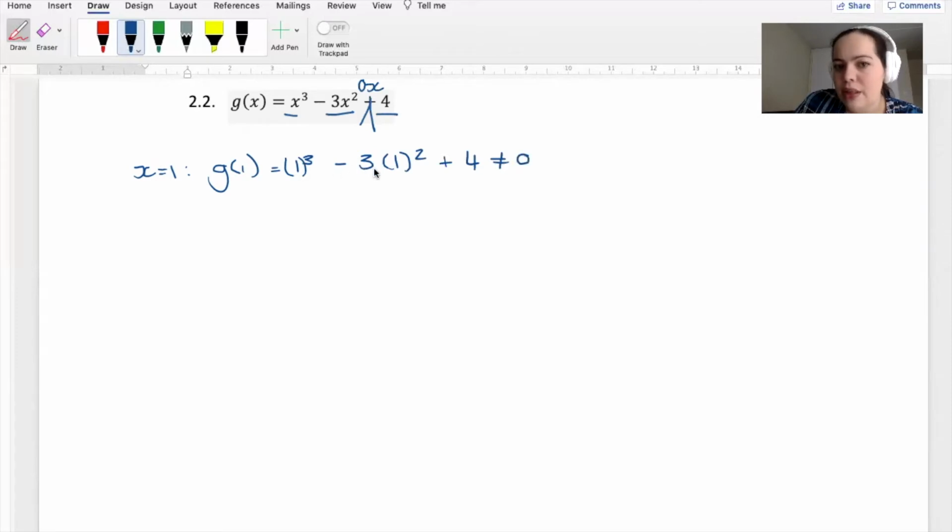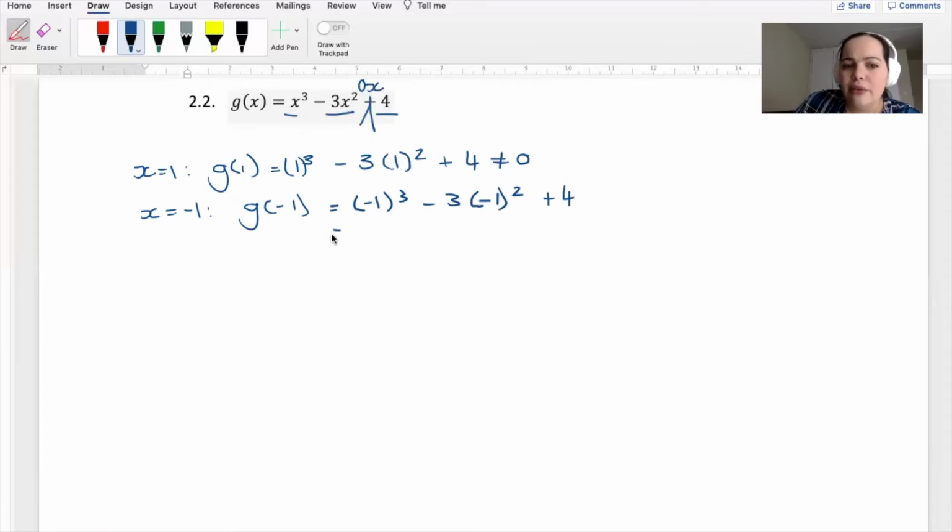1 minus 3 plus 4 doesn't give me 0. So let's try our next option. We're going to do g of minus 1, which is equal to (minus 1) cubed minus 3 times (minus 1) squared plus 4.